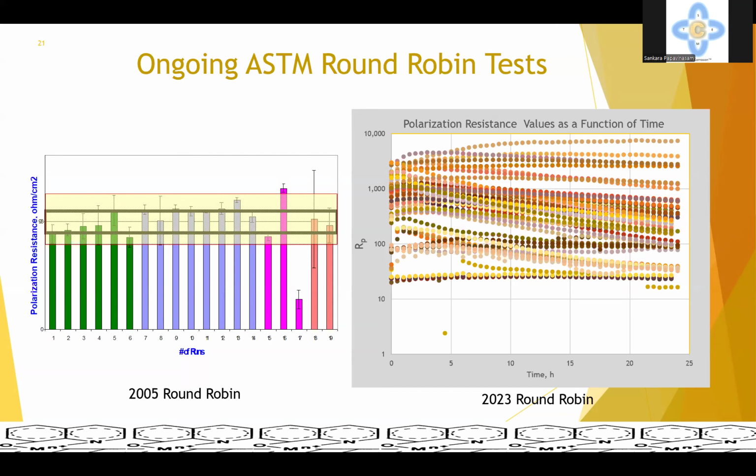The jet impingement did not go, and for the rotating cylinder electrode in 2005, 4 laboratories participated. These are very reputed laboratories from the US, Czechoslovakia at that time, United Kingdom, and Norway. Very, very reputed 4 laboratories.